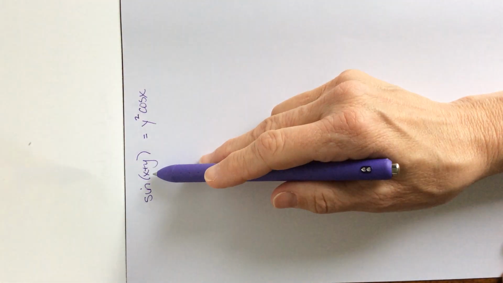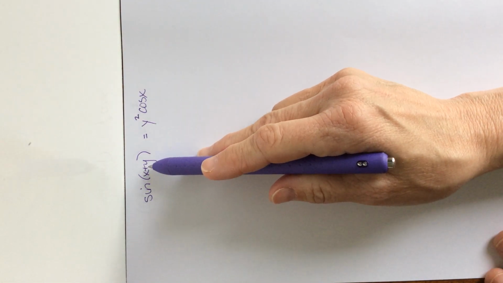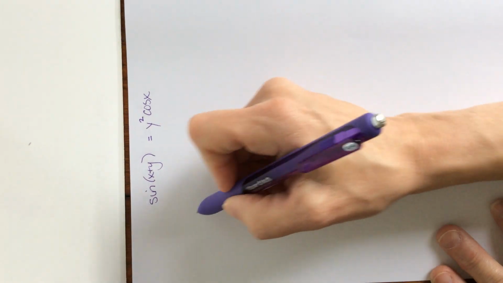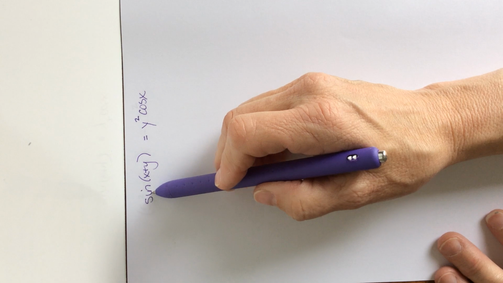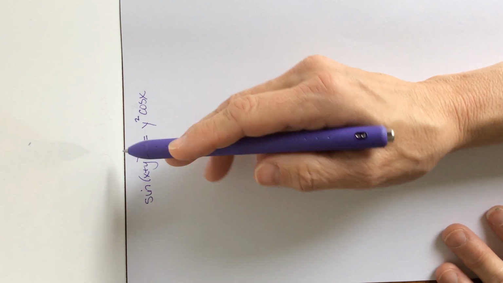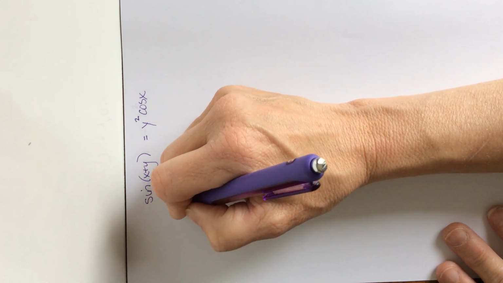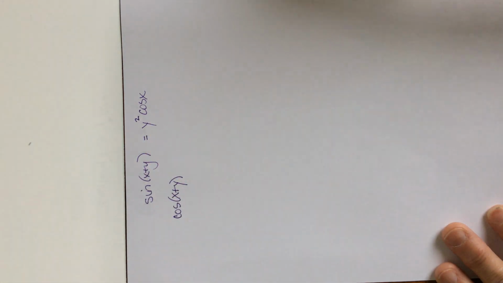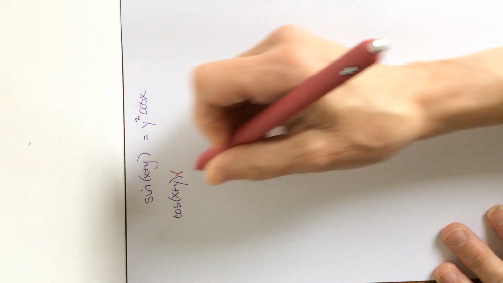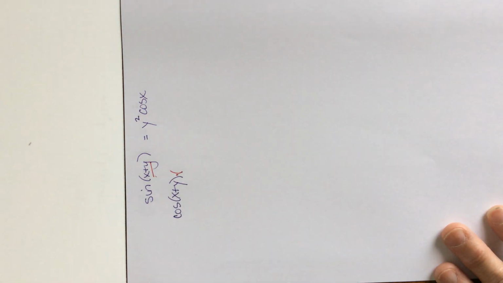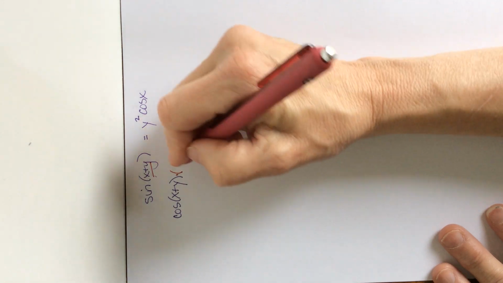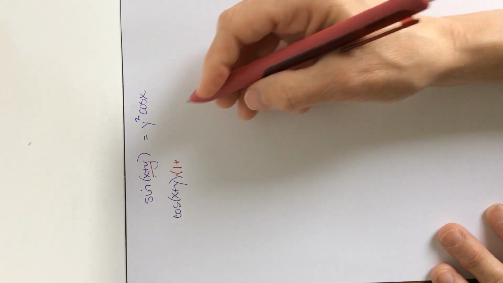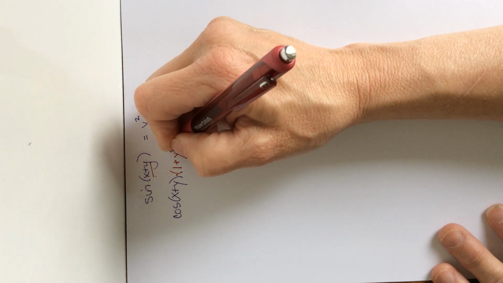So here I have to use the chain rule on the left side. So the derivative of sine is cosine. So I have cosine of the stuff, x plus y, times the derivative of the stuff. So what's the derivative of x? That would be 1, plus what's the derivative of y? That would be y prime.